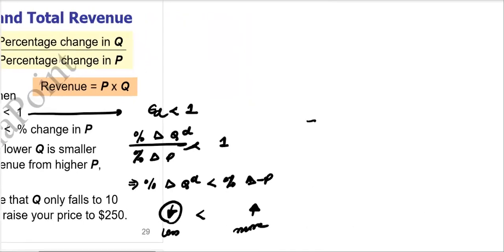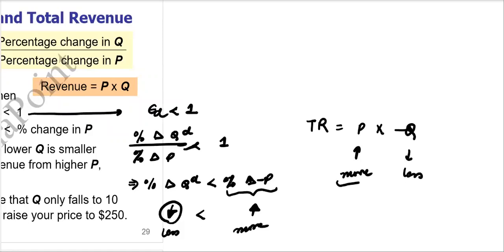Now, total revenue is price into quantity. So the percentage change in price is more. So this is increasing more. This is decreasing less. So overall, this is increasing. Total revenue is increasing.